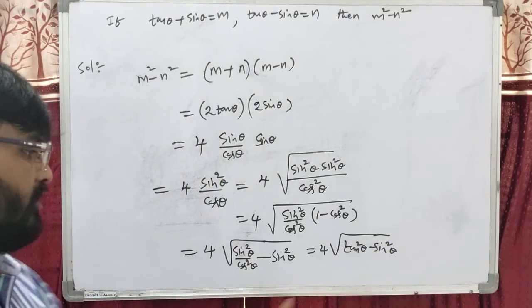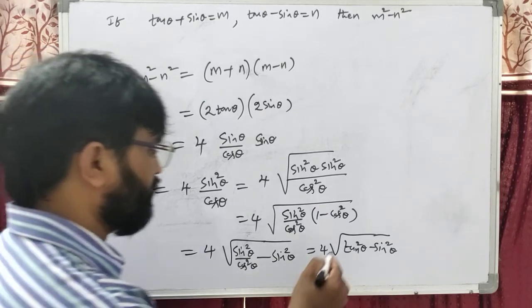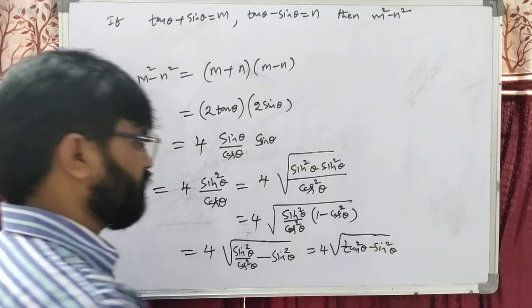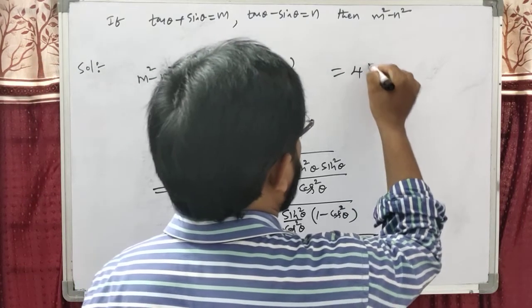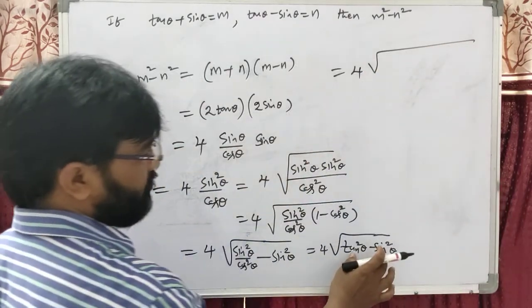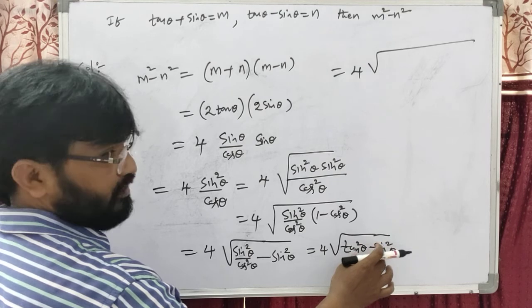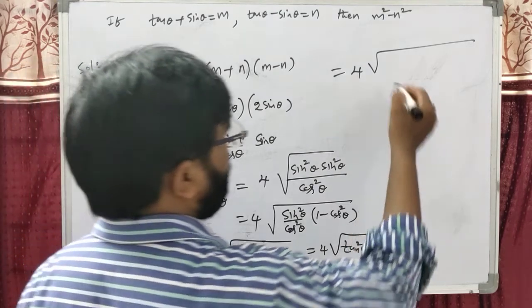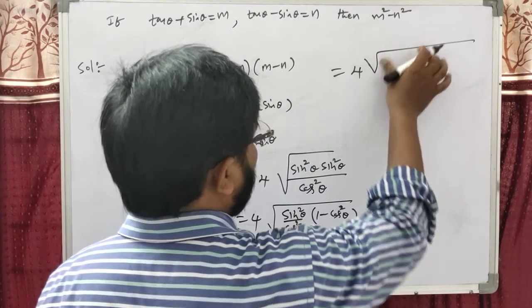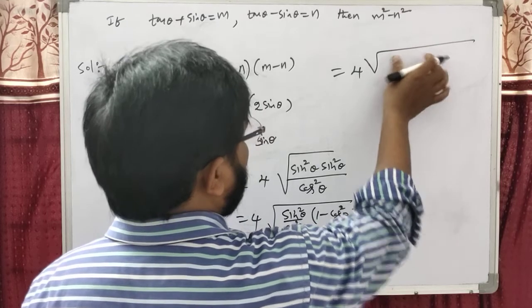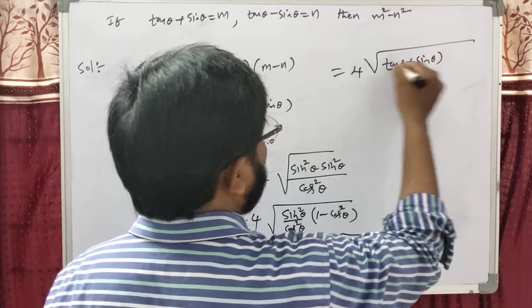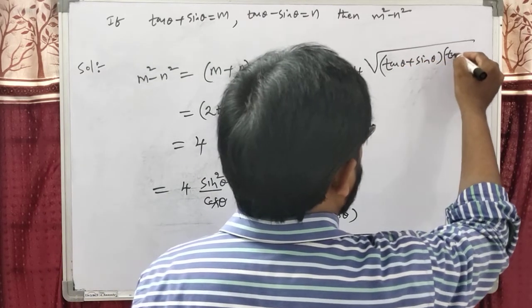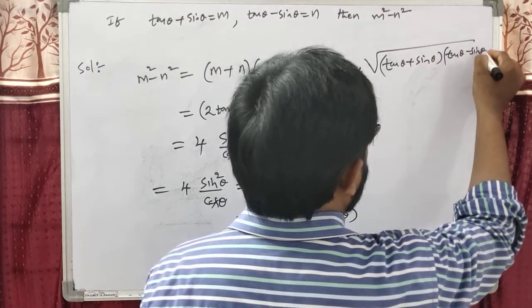Okay students, sin square by cos square is tan square. Now cos square cancels, minus sin square theta. Dear students, we can write this as a square minus b square, which is a plus b into a minus b, that is tan theta plus sin theta into tan theta minus sin theta.